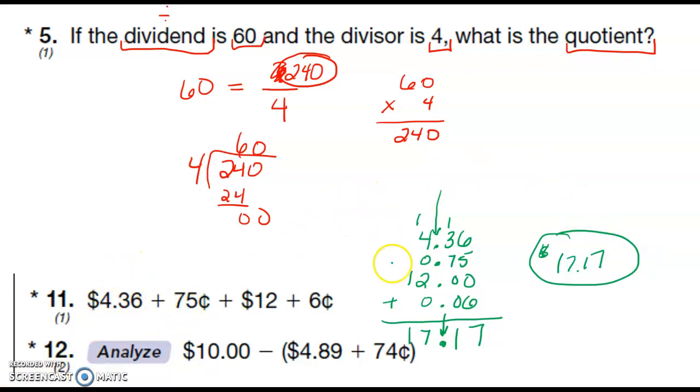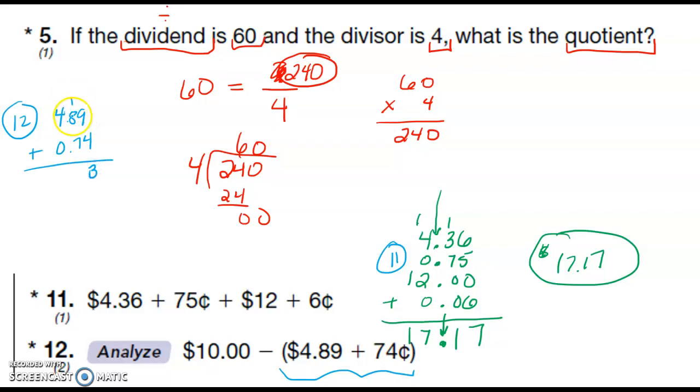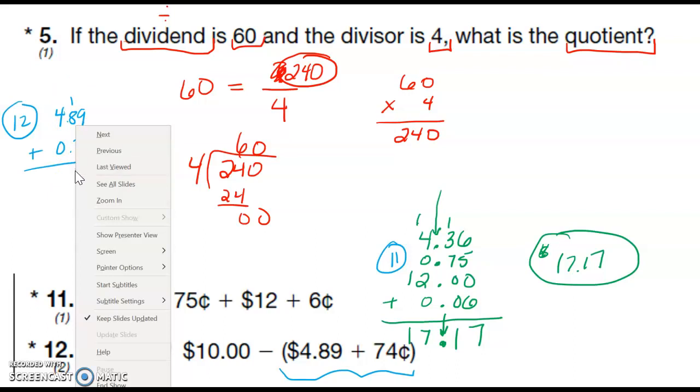All right, so if this is 11, I'm going to do 12 over here. So I have $10 minus, and this is in parentheses, so let me do that first. So I have $4.89 plus 74 cents. 9 plus 4 is 13. And then 1 plus 8 is 9, plus 7 is 16.